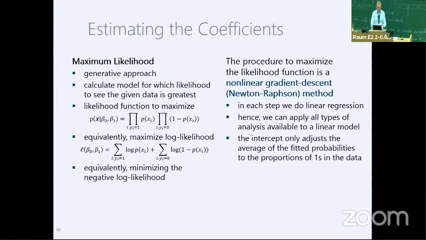Good. The first thing that we can do is look at the probability for each data point x given beta 0 and beta 1. The interpretation that we just saw, we can just plug it in. Then, through the previous formula, we have probabilities for each of the data points, for each of the outputs.